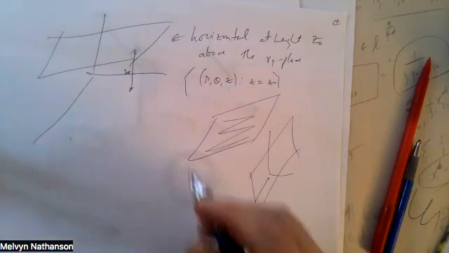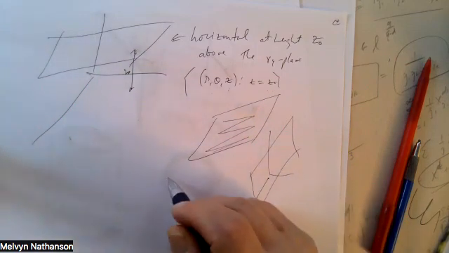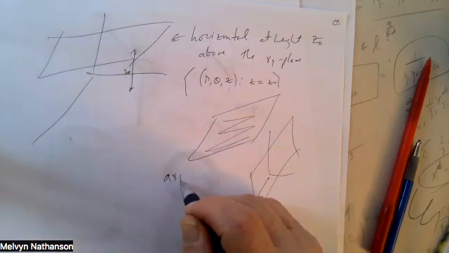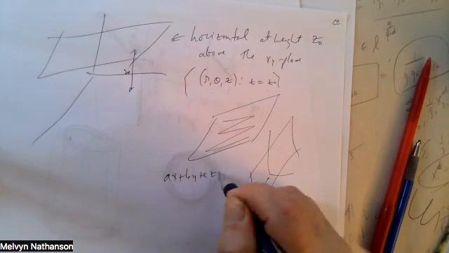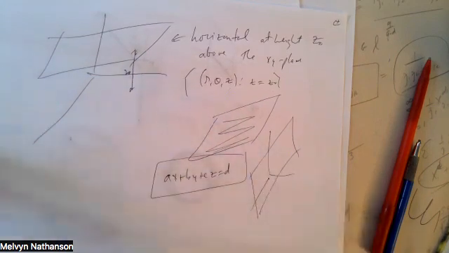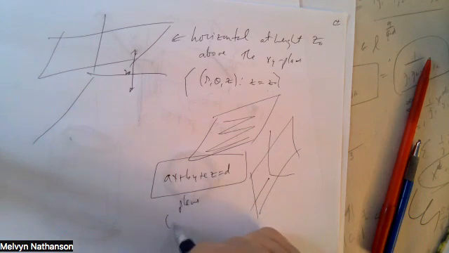Those are planes. And when we study planes, a plane always has an equation of the form ax plus by plus cz equals d in rectangular coordinates, where a, b, and c are not all zero.